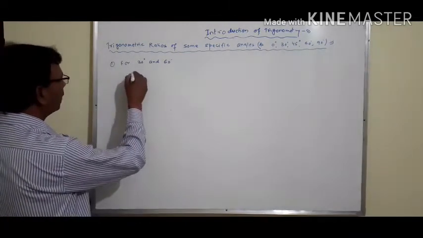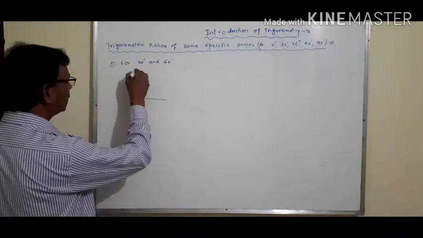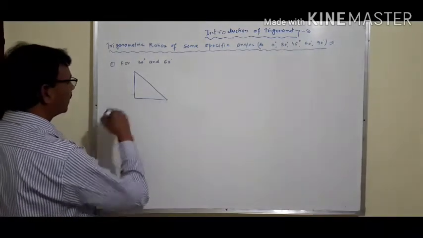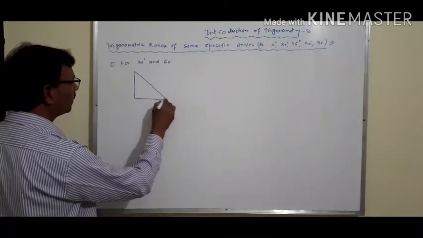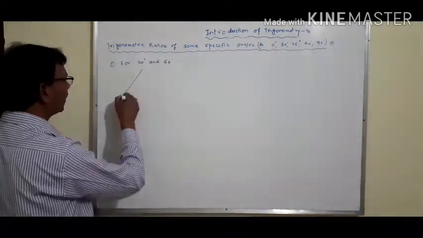For this, first make a right angle triangle, or an isosceles triangle.